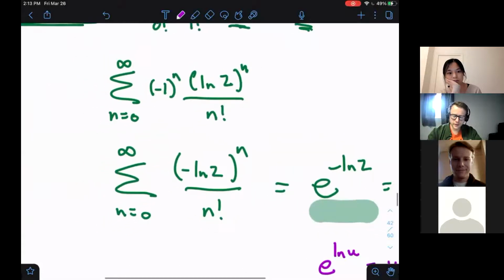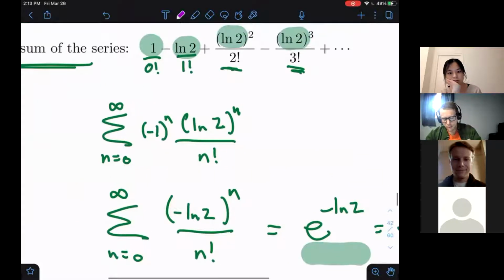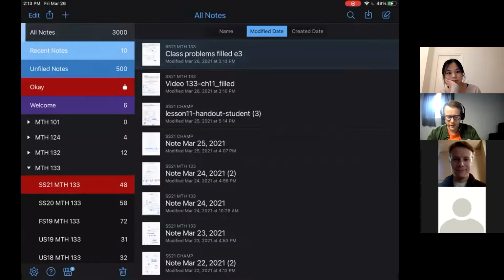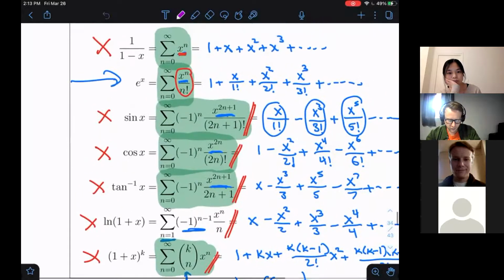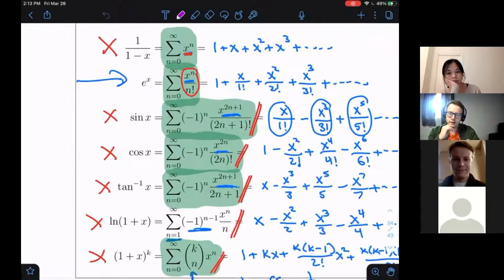Yeah, this is something that takes some practice. But again, we first rewrite it in the sigma notation, and then we compare our sigma notation here with well-known Maclaurin series. So that was when I changed over to this PDF, and I went down the list and asked which one of these series aligns most closely with what I have.